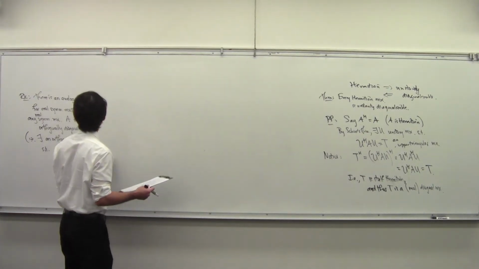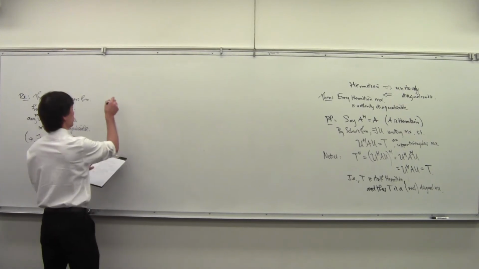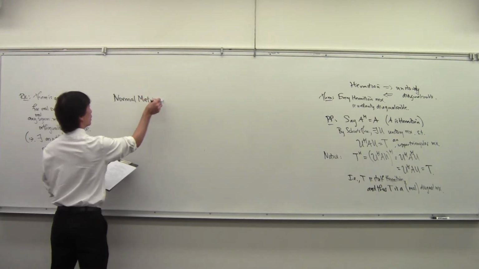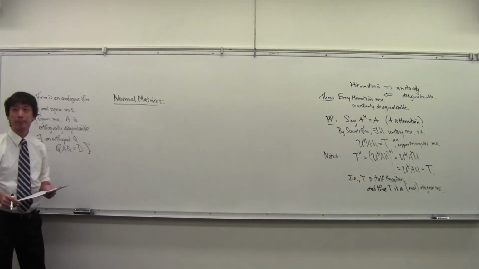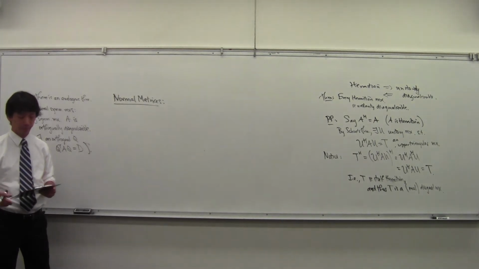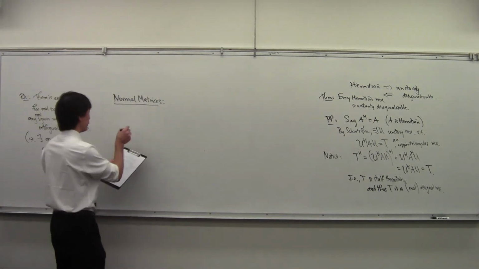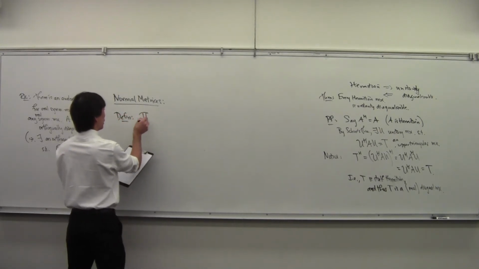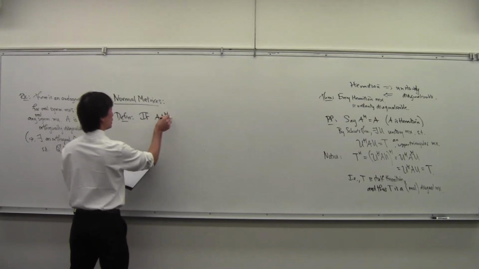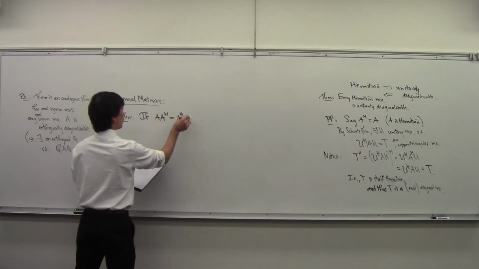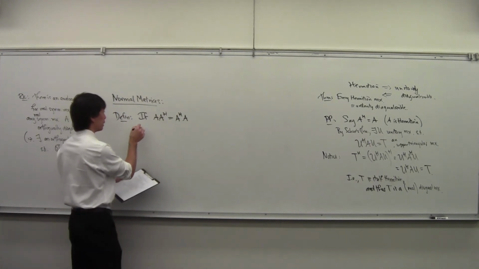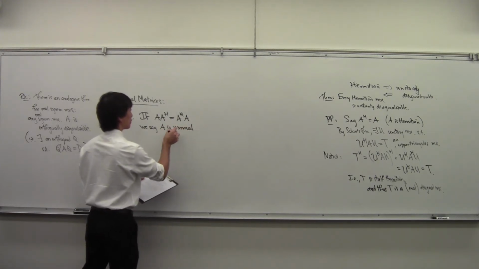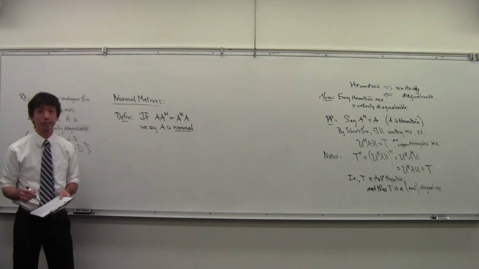There is something else, called a normal matrix. Here's the definition. If A times AH, its conjugate transpose, equals AH times A, we say that A is a normal matrix.